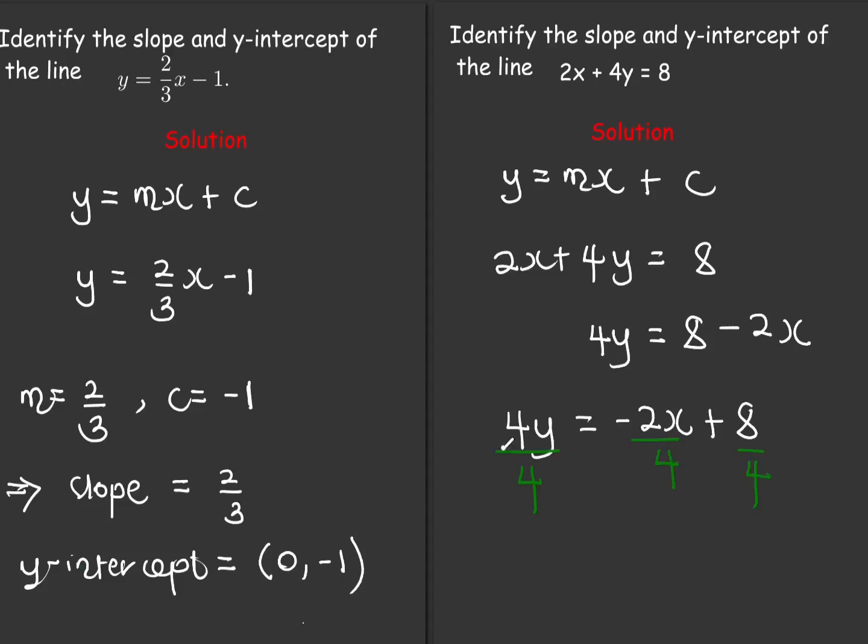By so doing, 4 over 4 gives us y. Then negative 2 over 4 gives us negative 1 over 2, not forgetting our x. Then 8 over 4, on the other hand, gives us 2.